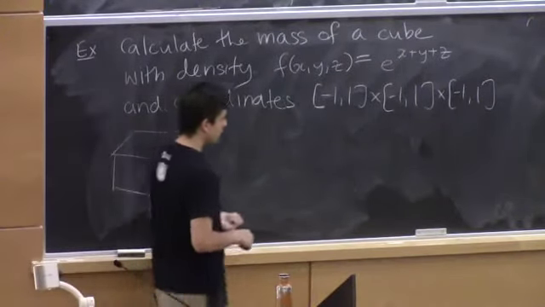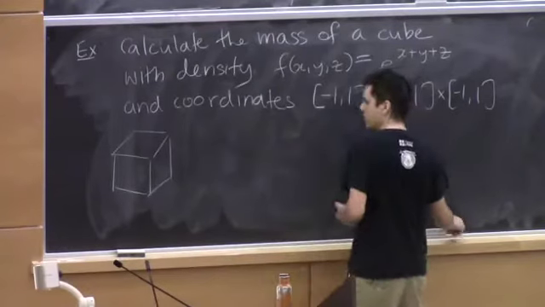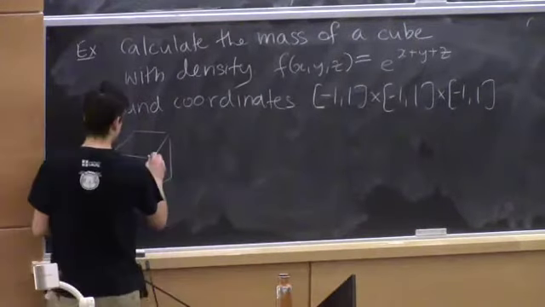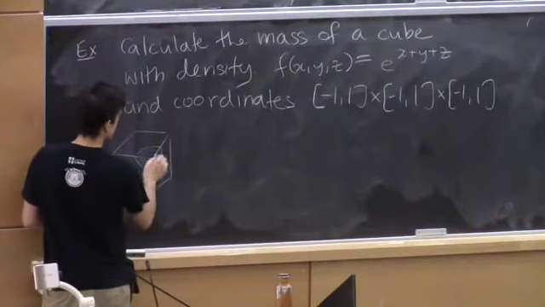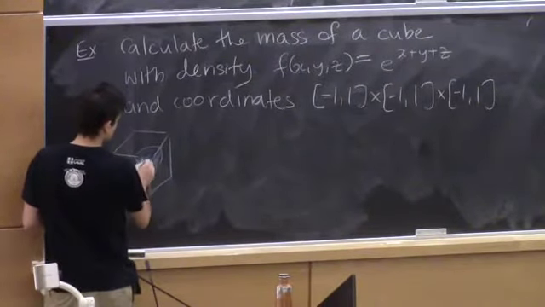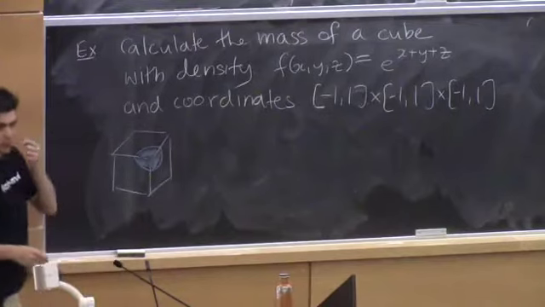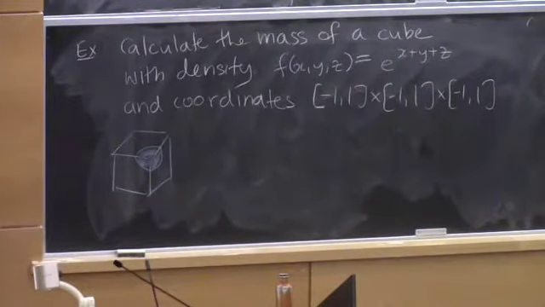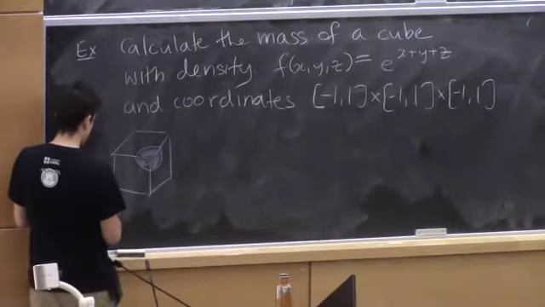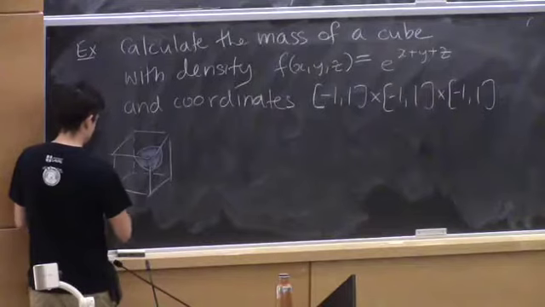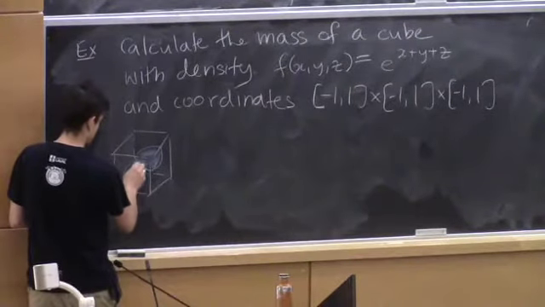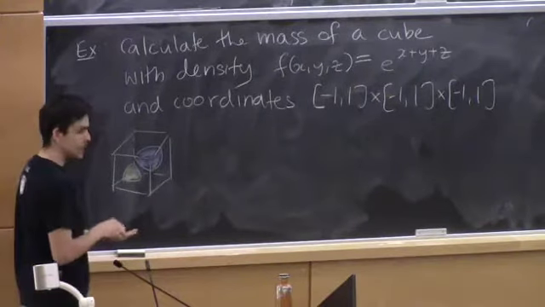Up here where the coordinates are all 1, we have very high density. We've got density like e cubed, which is about 10. And then down here on the opposite vertex of the cube, we've got low density.